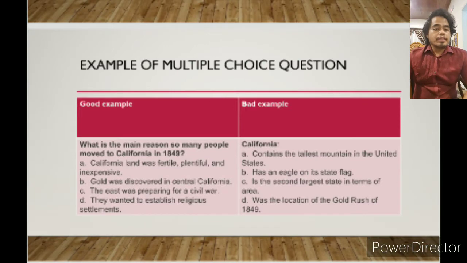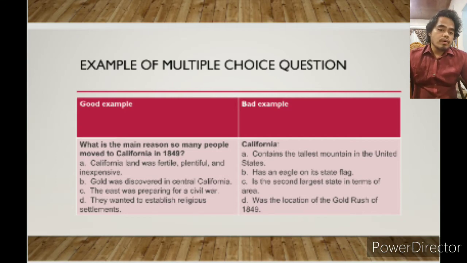So these are examples of multiple choice questions. As you can see, the good and the bad example. The good example is more specific in the question shown to the tested person, so it tests their knowledge about something.